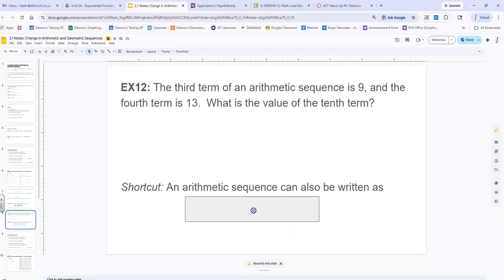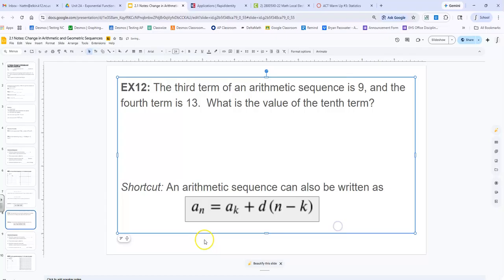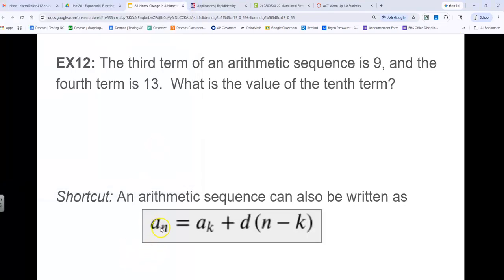If we want to make this shortcut into a rule, we could make our rule where a sub n equals a sub k here, and this a sub k, in this particular case, was my a sub 4. It was the known term, right?